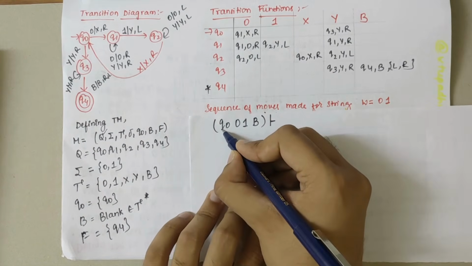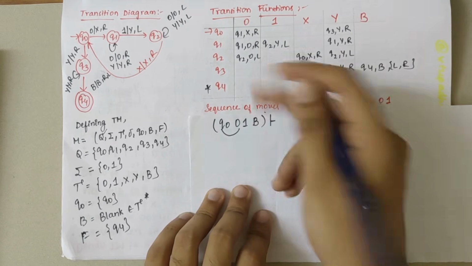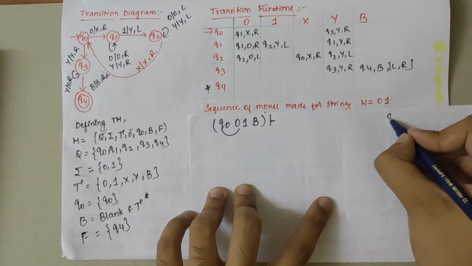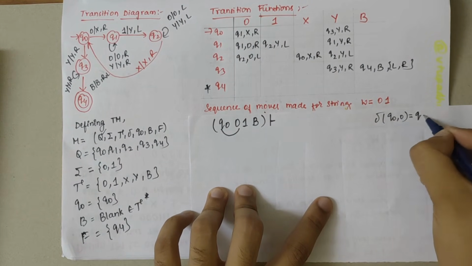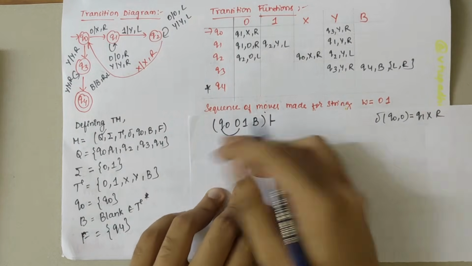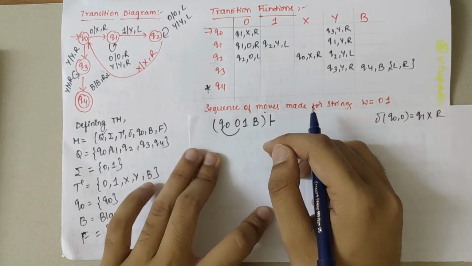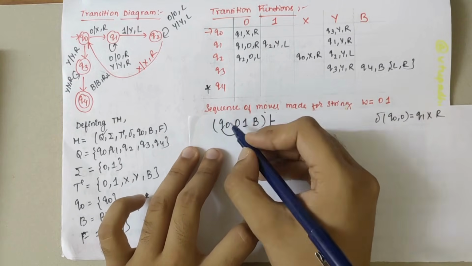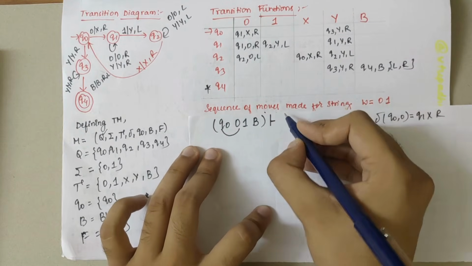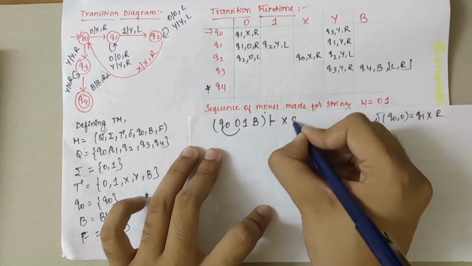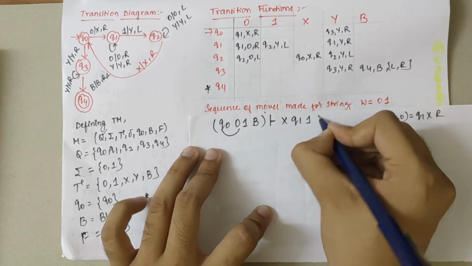So I'll read it as Q naught on 0. Transition of Q naught on 0 I get Q1, X and R. So in place of 0 I should replace X, right? And Q1 should move right. So I can write X, Q1, 1 and B here.